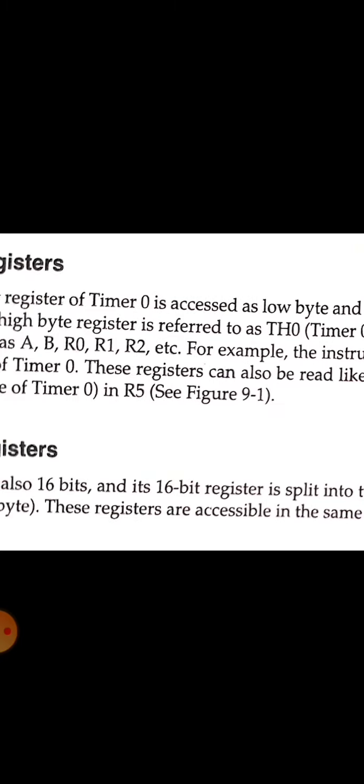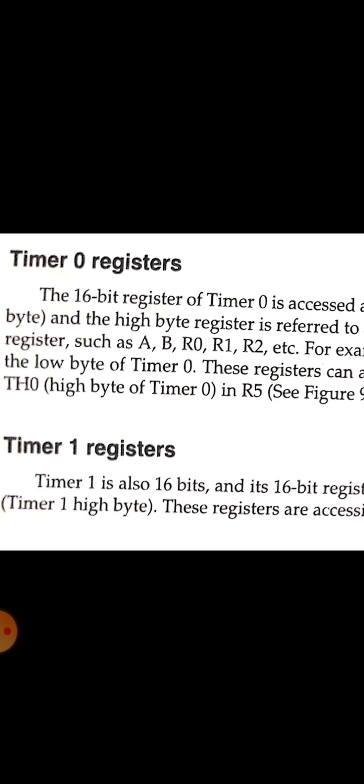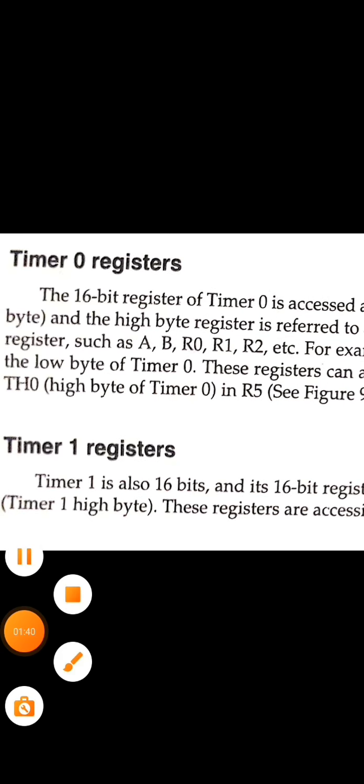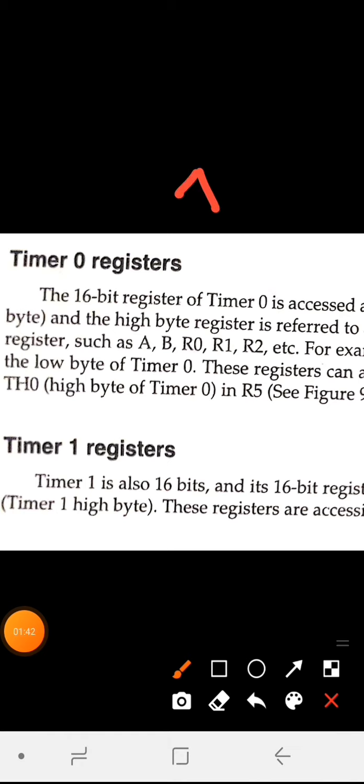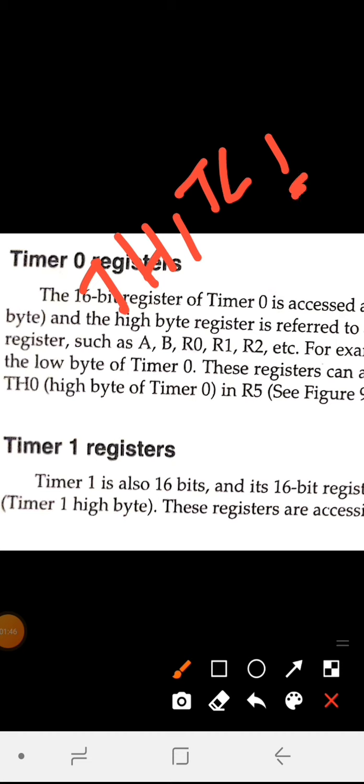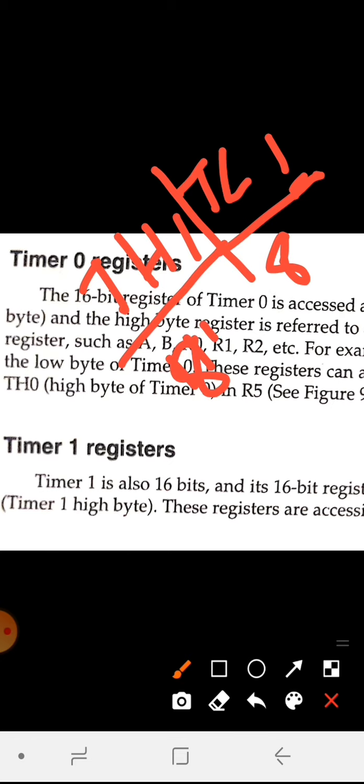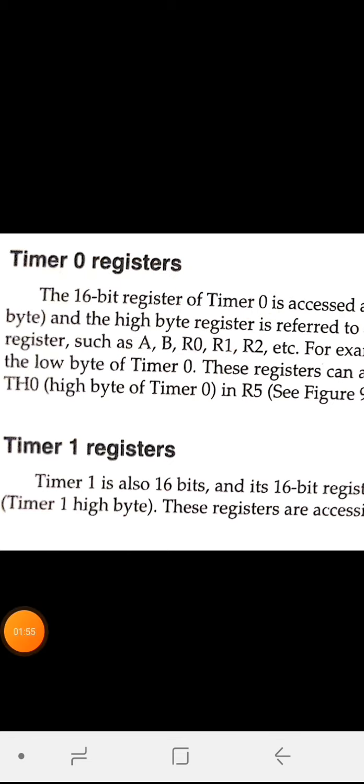Similarly, we have the timer 1 register, which is also a 16-bit register. This is also classified into two sections, TL1 and TH1, the timer 1 mode. This one stores the lower 8 bits and this one stores the higher 8 bits of information.